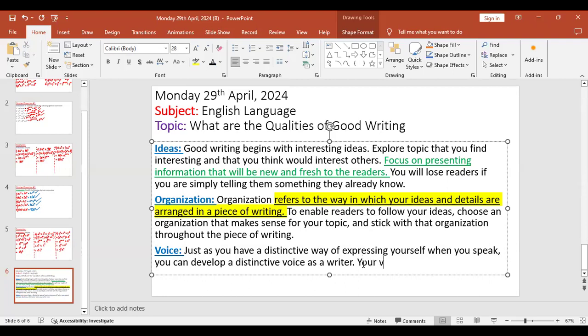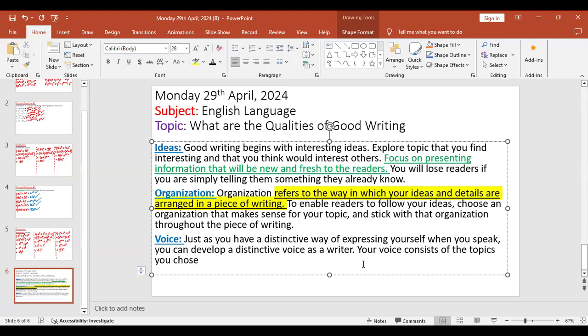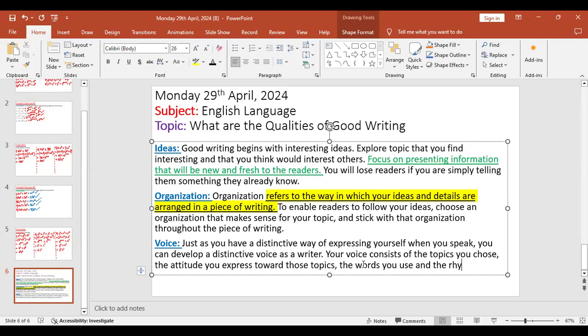Your voice consists of the topics you choose, the attitude you express toward those topics, the words you use, and the rhythm of your sentences.